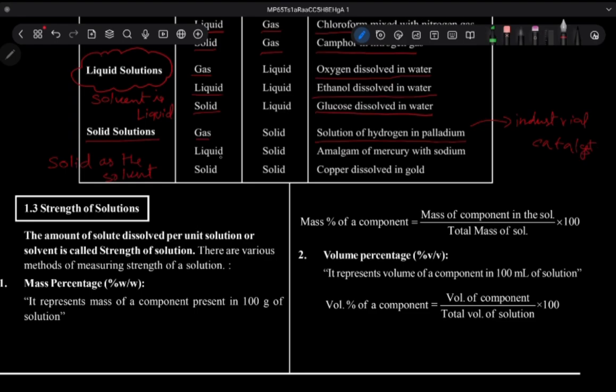If we take liquid as a solute, the example is an amalgam of mercury with sodium. If we take solid as a solute, the example is copper dissolved in gold. It is a metal alloy.